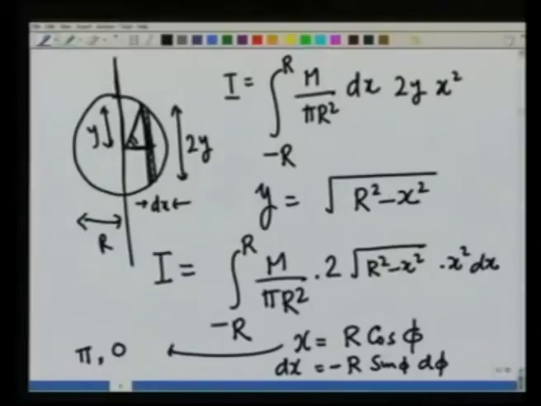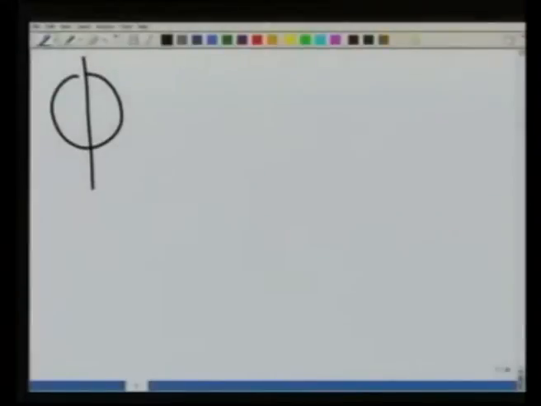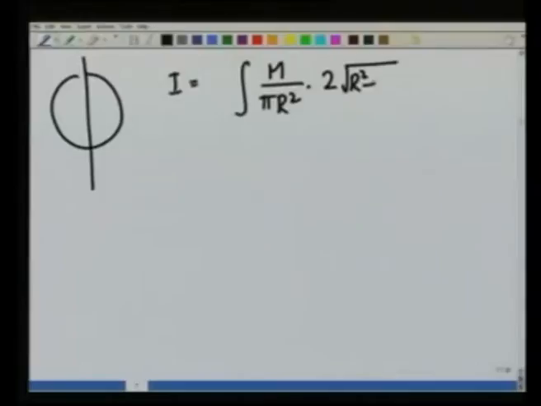In any case, let me write it again. I am talking about the moment of inertia about the diameter. I is equal to m over pi r square times 2 the square root of r square minus x square times x square dx. Integral is from minus r to r.